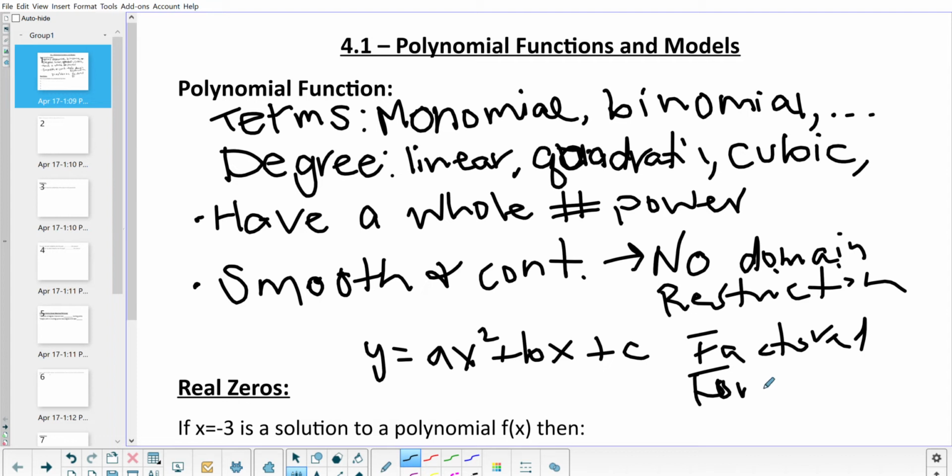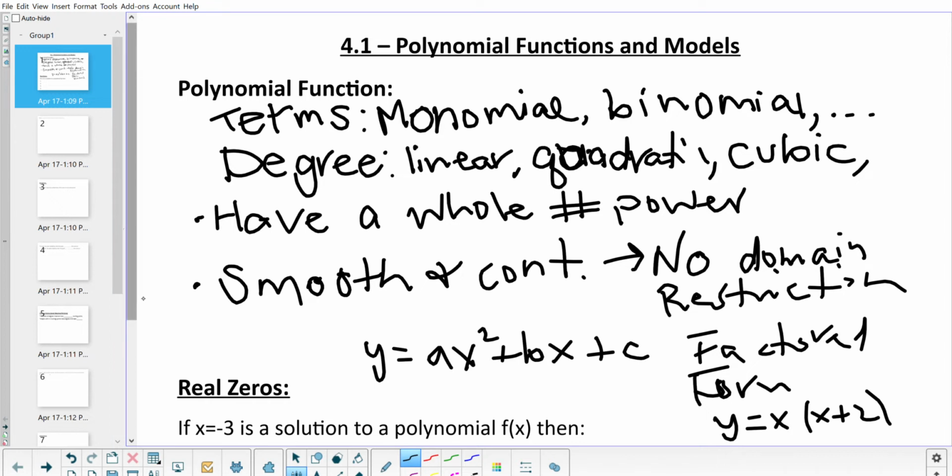Because factored form, so if you have y equals x times x plus 2, okay, that would be factored form. If you were to distribute that out, then it would be in standard form. But factored form is nice because you can see the x-intercepts really easily in factored form.